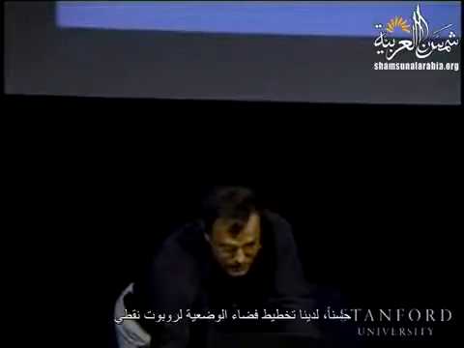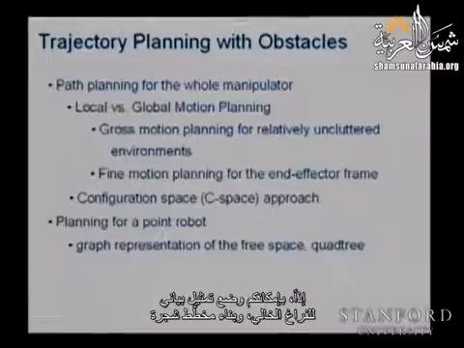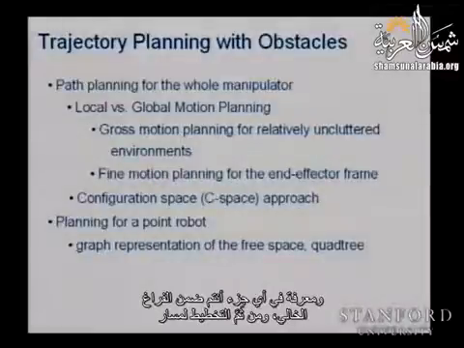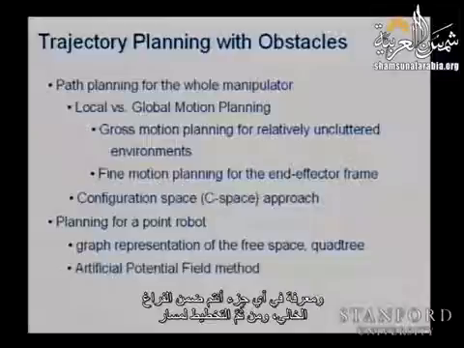Okay, so we have C-space planning for a point robot. You can put a graph representation of the free space, build a quad tree, know which part of the free space you are in, and then plan a path.